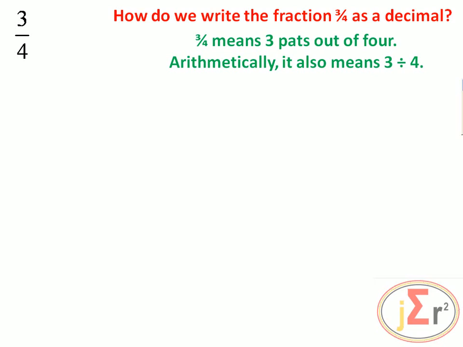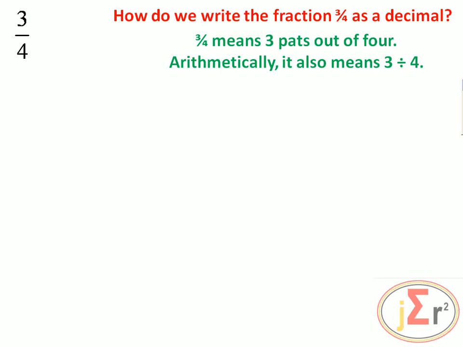So let's go straight ahead and do it. As a matter of fact, we will not do that immediately. What we will do is write 3/4 as a decimal fraction.